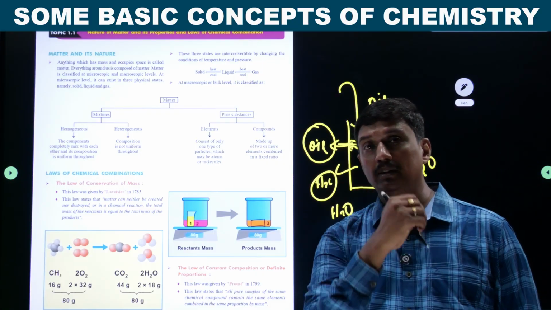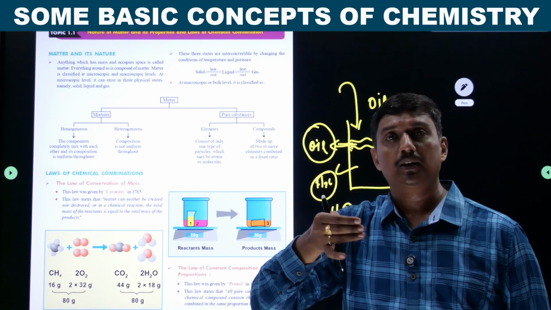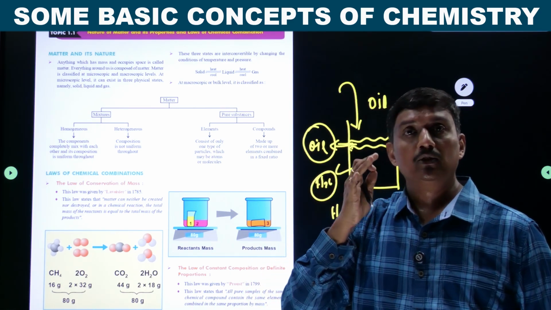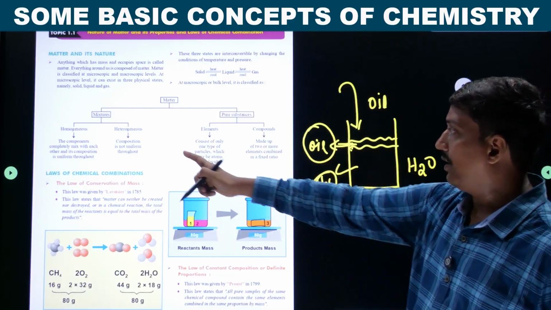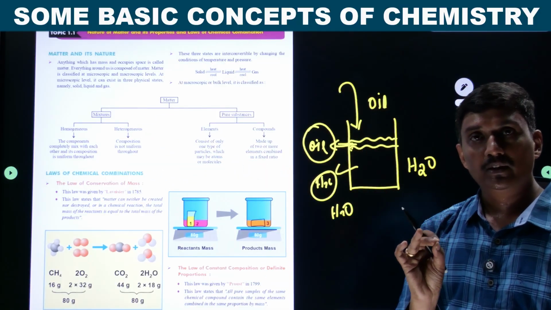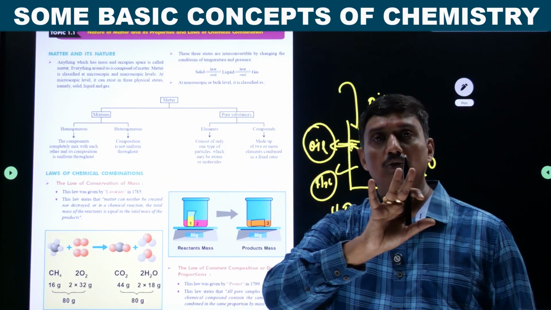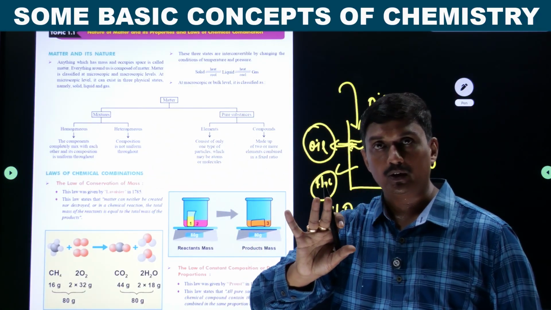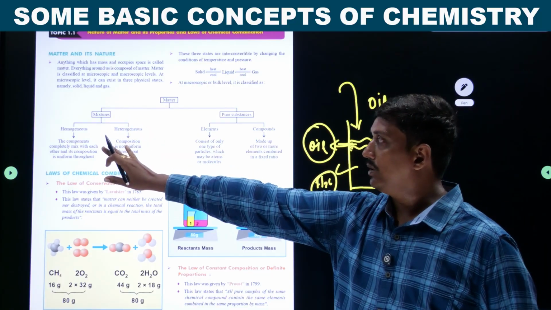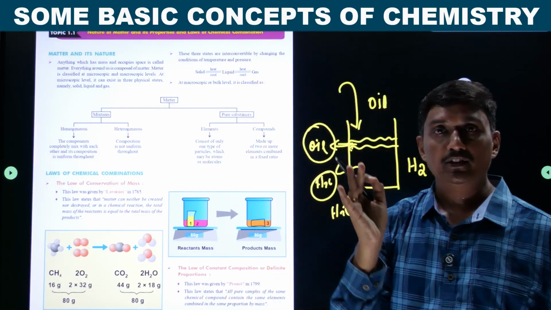What happened in this case? The two components you have taken are not mixed uniformly. Such mixtures are said to be heterogeneous. In simple terms, if the composition is not uniform throughout, it is heterogeneous, and homogeneous means the components are uniformly distributed.